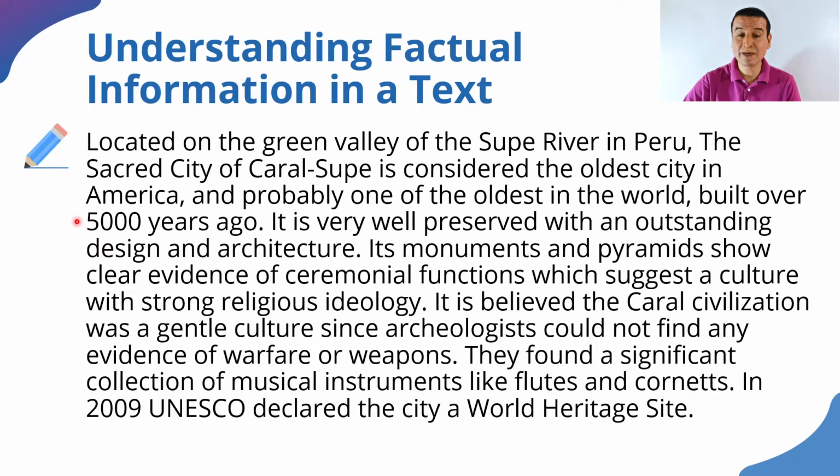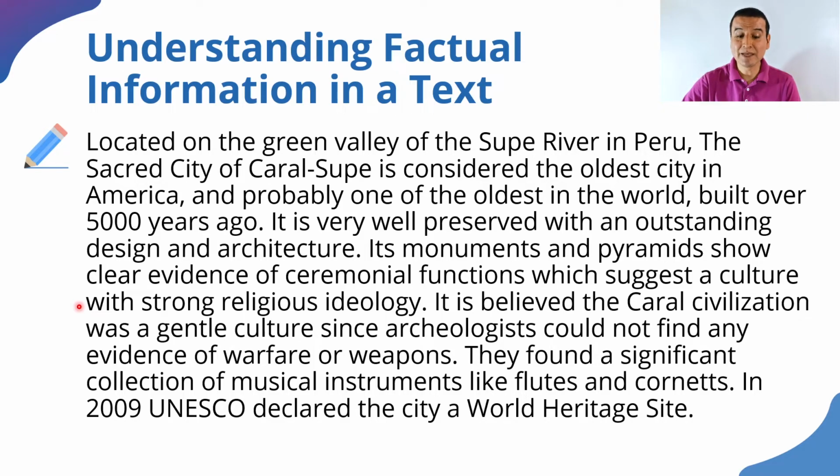That's a lot of information right there, and you can ask questions about any element there. It is very well preserved with an outstanding design and architecture. Its monuments and pyramids show clear evidence of ceremonial functions which suggest a culture with strong religious ideology.